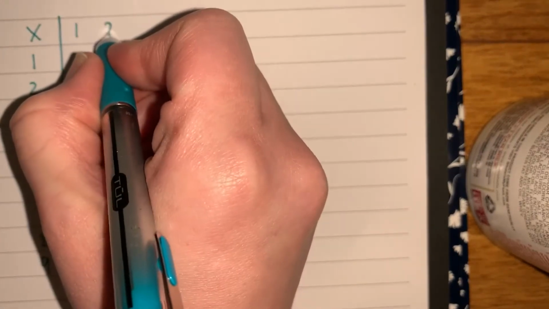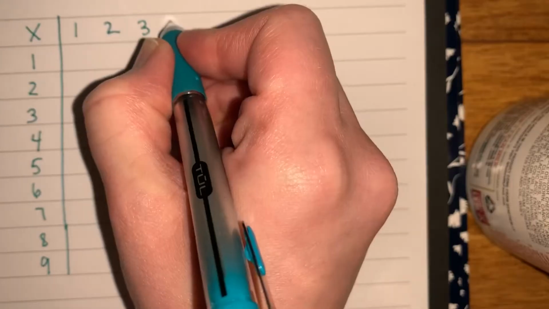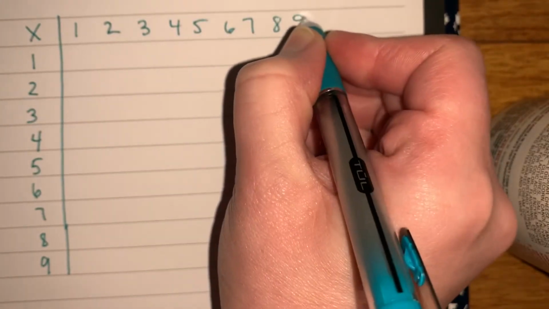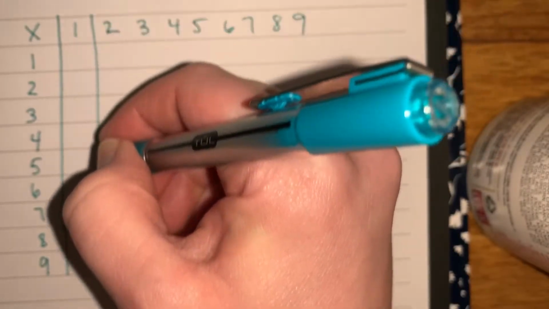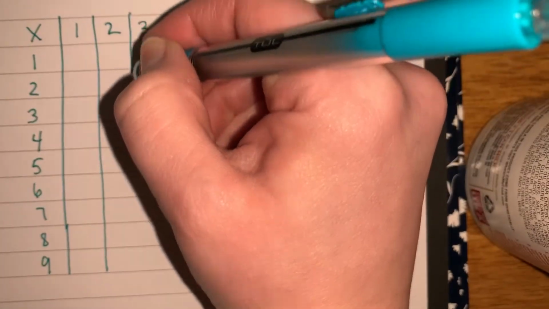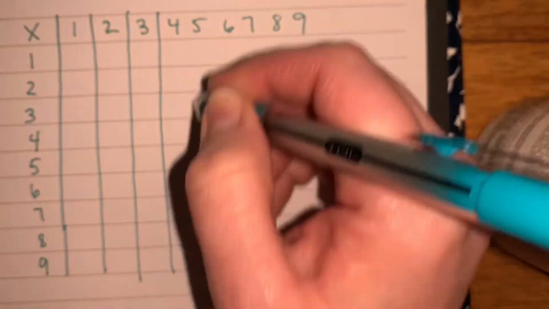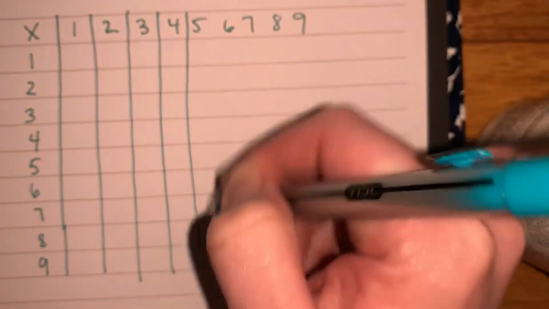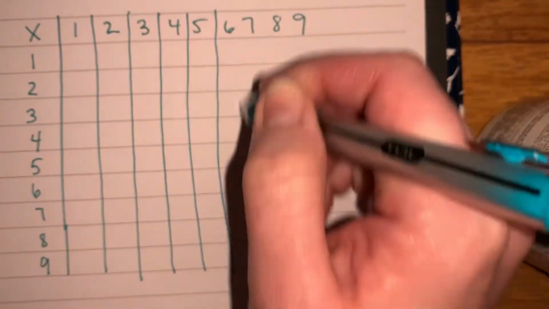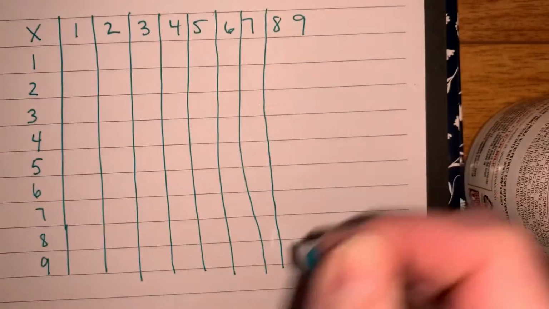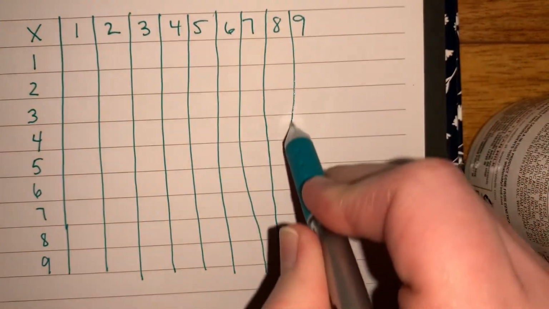And then I'll number from this side, 3, 4. And let's draw my lines as evenly as I can. Okay. Getting sloppy. It's okay as long as I can follow my lines.